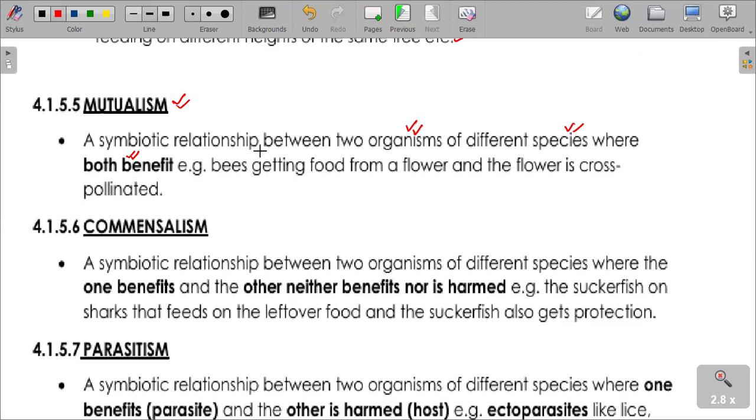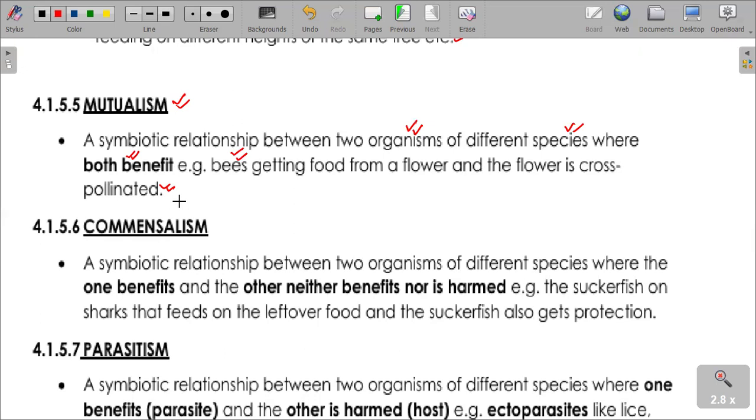For example, bees getting food from a flower, and the flower is cross-pollinated. The bees get food from the flower, and at the same time, we have insect-pollinated flowers, which allows that flower to be pollinated. Then we call that mutualism.